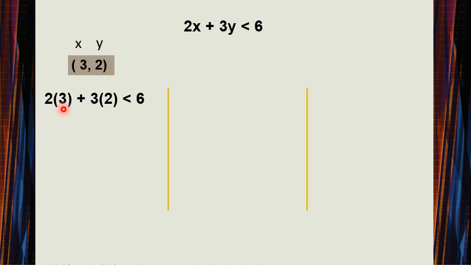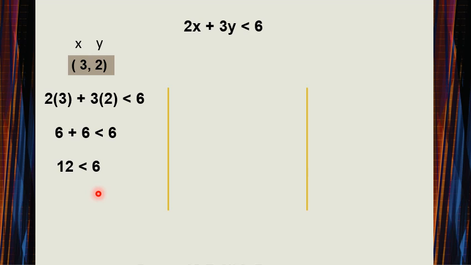Okay, so let's have this one. 2 times 3 plus 3 times 2 less than 6. After that, we're going to multiply 2 times 3 and 3 times 2. So we have 6 plus 6 less than 6. And we're going to combine the 6 plus 6, that is 12, less than 6.